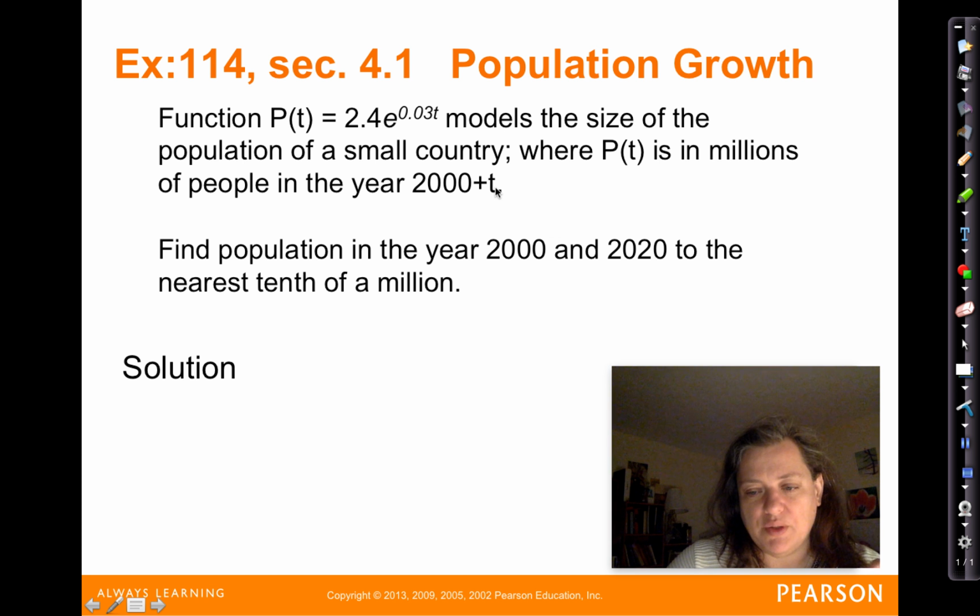So this is like your origin of time. 2000 is when they start counting. Okay, so here are the basic questions: what is the population in the year 2000, and what is the population in the year 2020?